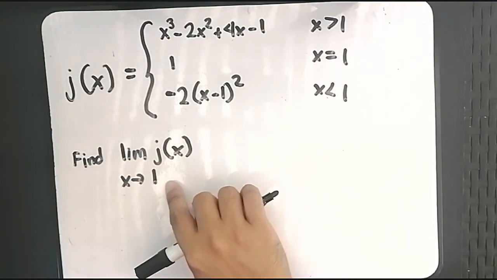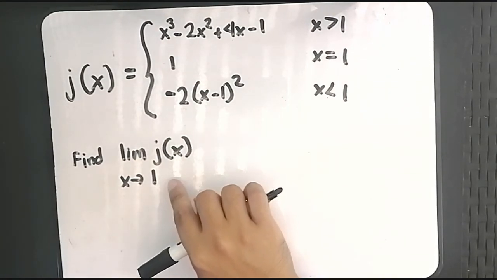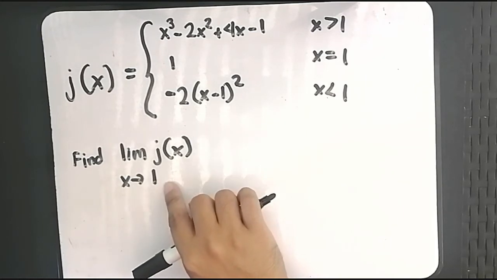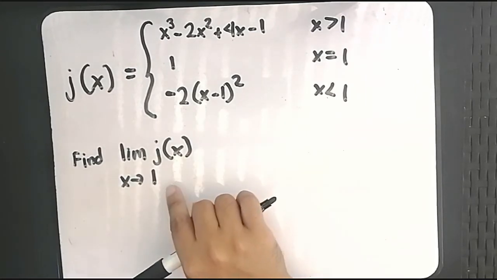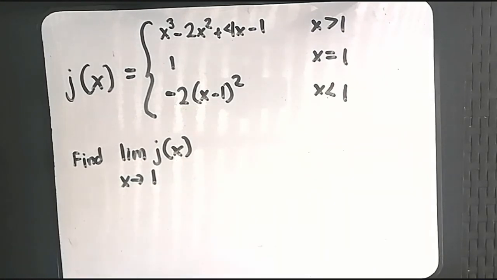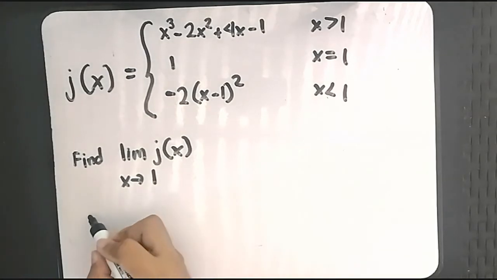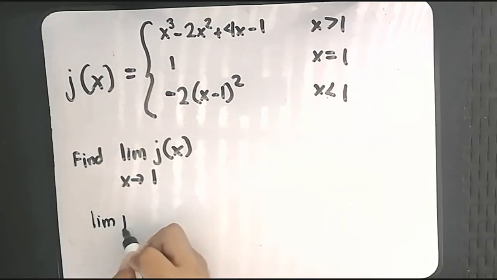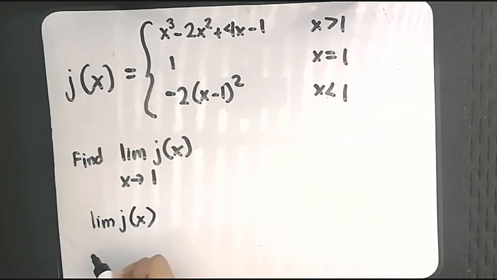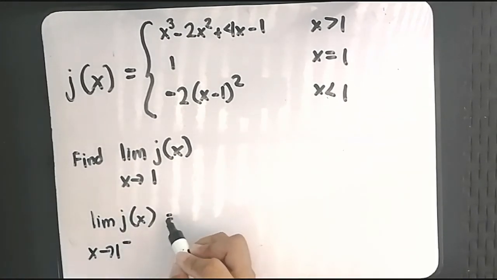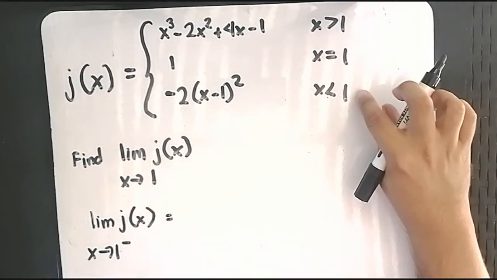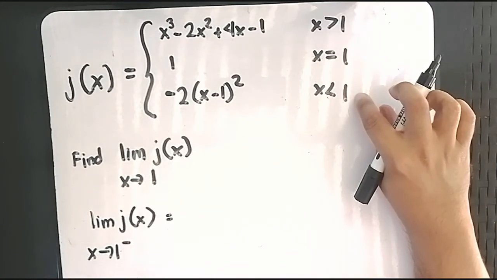Therefore, to evaluate this, we have to find the limit from the left and from the right of 1. So we consider first the values from the left of 1. So we find the limit of j of x as x approaches 1 from the left, which is equal to, eto, kasi eto yung less than.